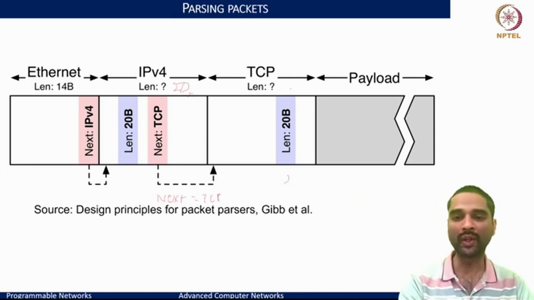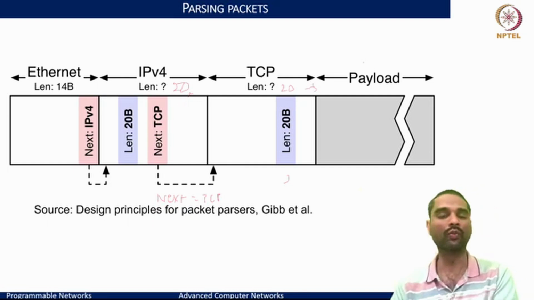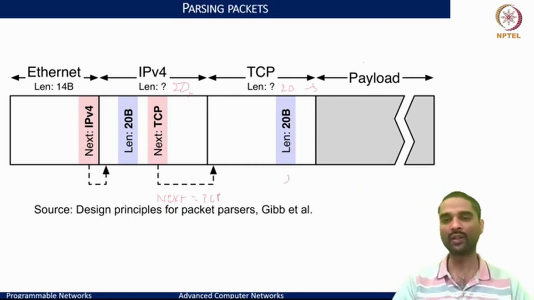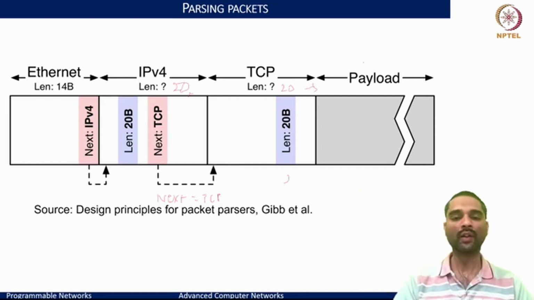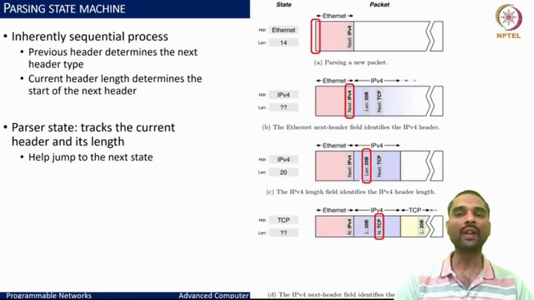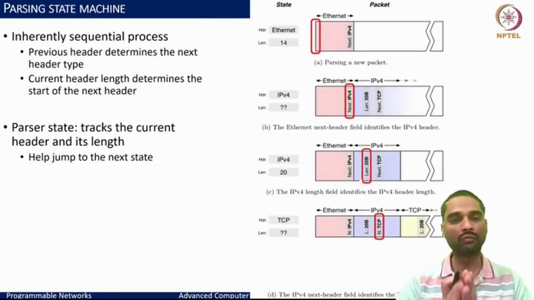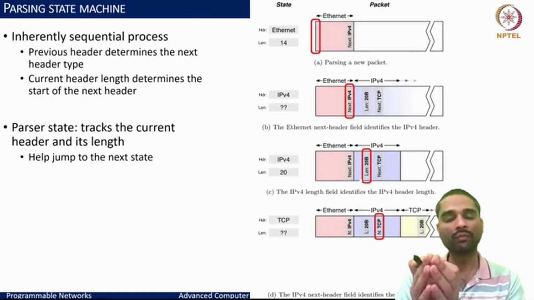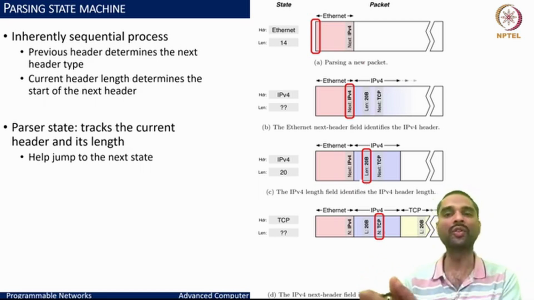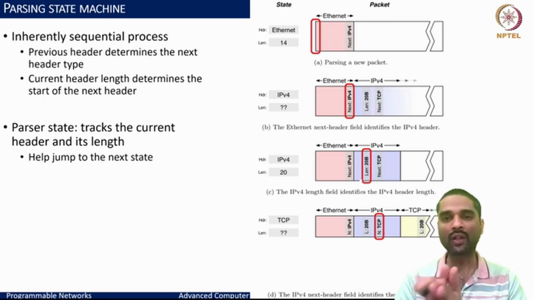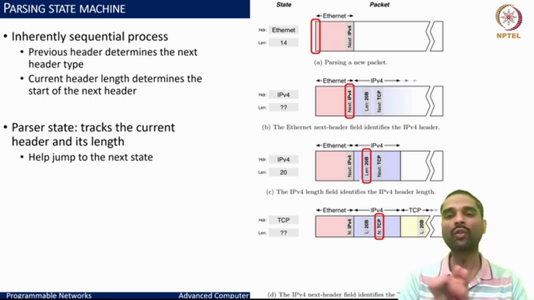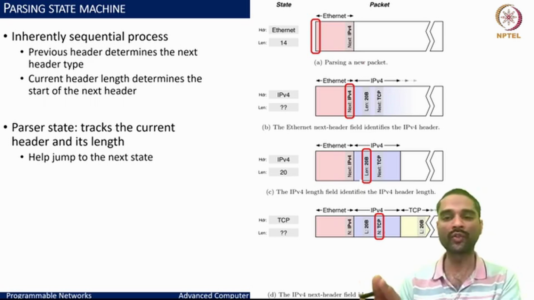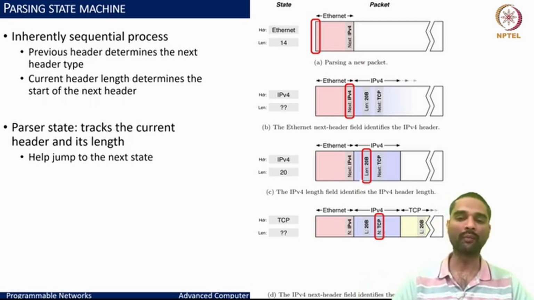You would see, okay, my next length is 20, you would add that much and go further if there were any other headers that you would want to parse. And this readily helps us see that we can process the packets in sequential stages, starting from offset 0, adding on sets of offsets until we get the entire packet.